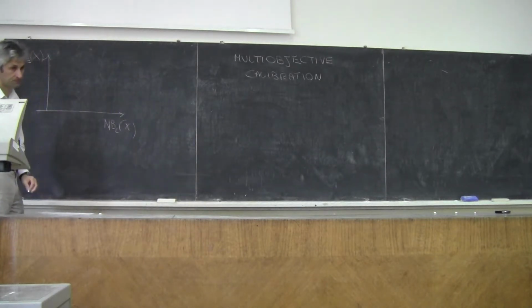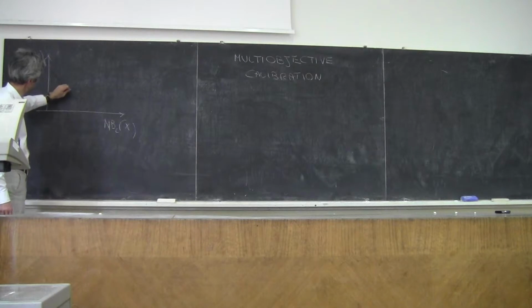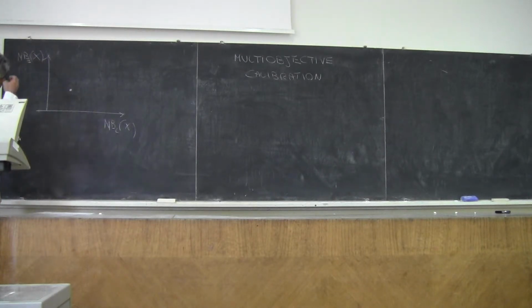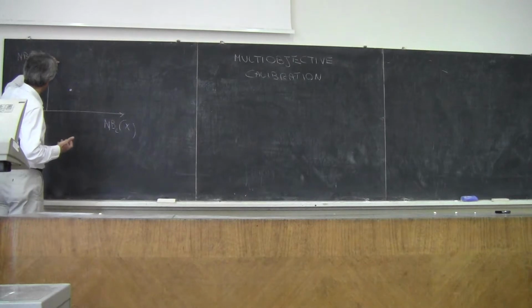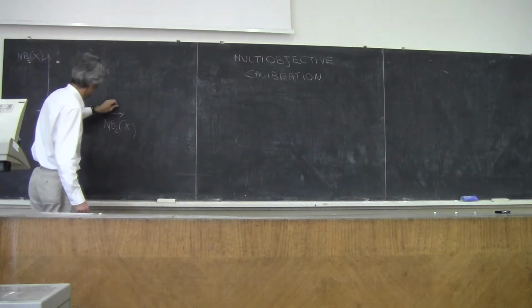Then for each possible value of x, you find a point here. What may happen if these objectives are contrasting? You find that to the highest value of MB1 corresponds a lower value of MB2 and vice versa.